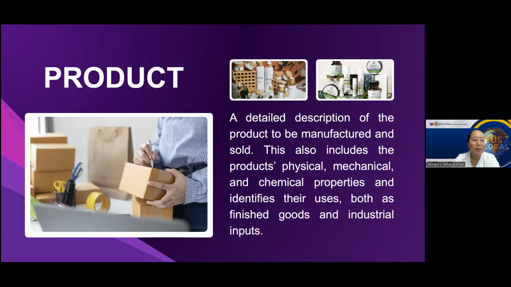Let's say, for example, students designing biodegradable food container describe their product as, in terms of physical properties, lightweight, water resistant, compostable. In terms of mechanical properties, durable enough to hold hot and cold food items. In terms of chemical properties, it is made from natural fibers and free of harmful additives.